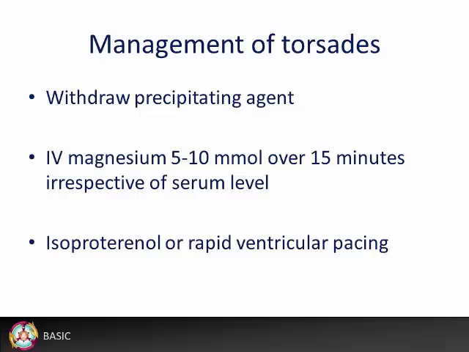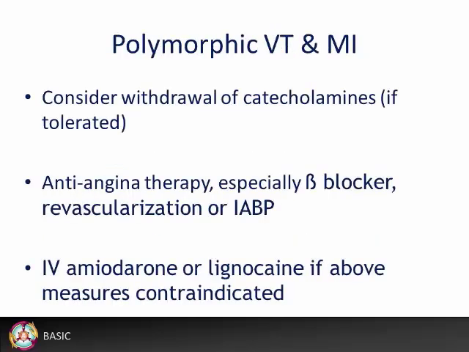The management is to withdraw any precipitating agent, give IV magnesium, and increase the heart rate, and hence shorten the QTc, with isoproterenol or rapid ventricular pacing. If the QTc is not prolonged, polymorphic VT should be assumed to be due to myocardial ischemia.